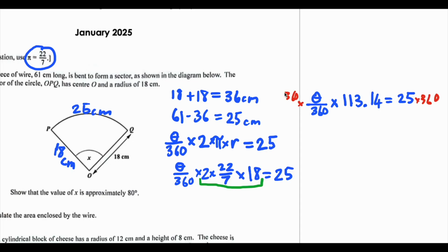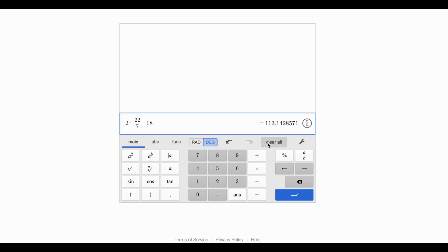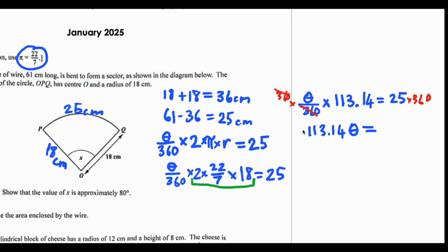Once I do that, it cancels out and I'm left with theta times 113.14, which is equal to 25 times 360. When I do 25 times 360, that gives me 9,000.